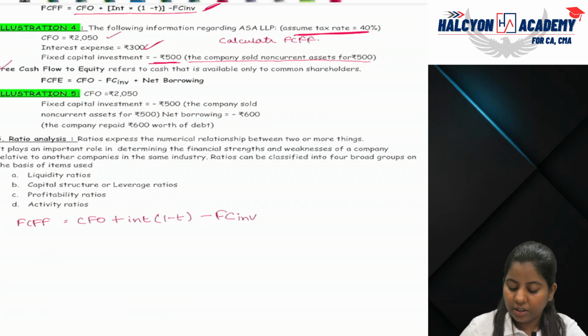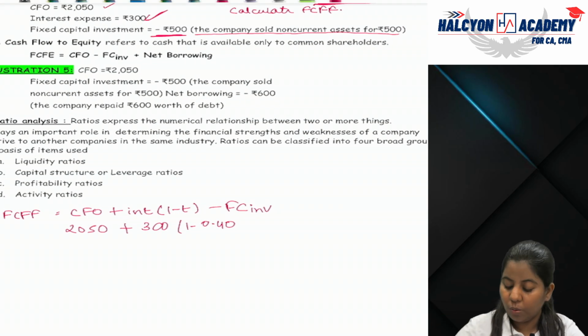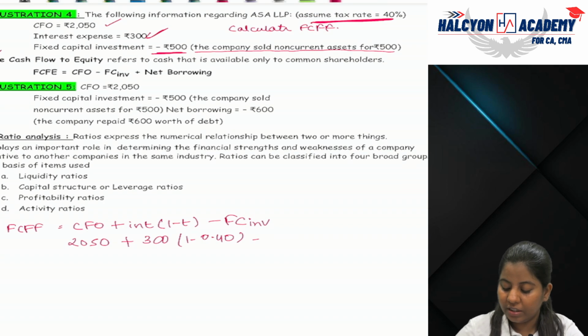So CFO is given, 2050 rupees, plus interest is 300 less tax, that is 40%. We can also write it as 0.40, 40 divided by 100 is 0.40, minus fixed capital investment. So it will be minus 500.